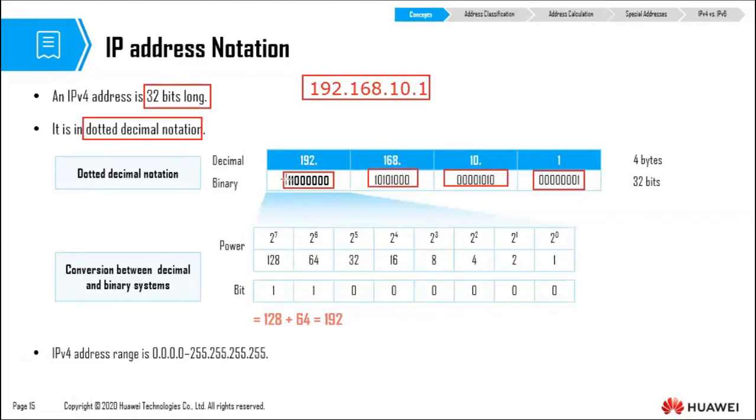If you do 8 times 4, then you'll get 32. Because it's 8 bits, it simply means at each section, it can move from 0 all the way to 255.